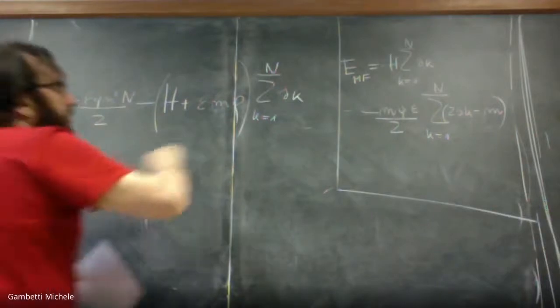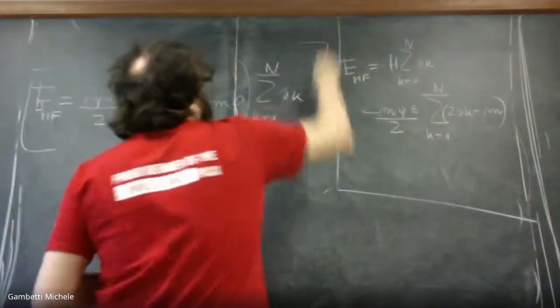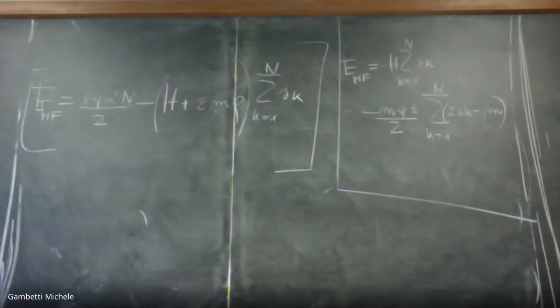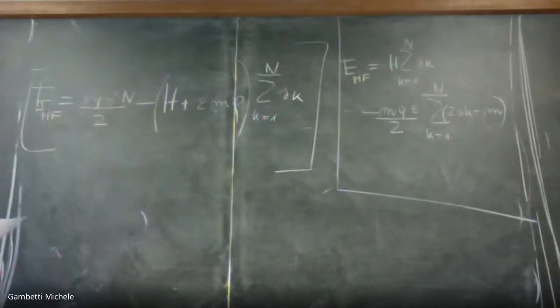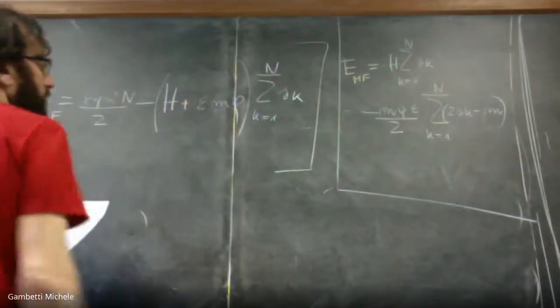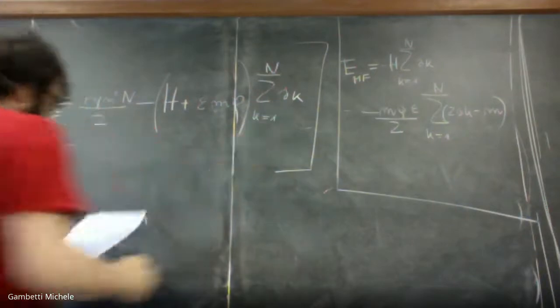Now this is the mean field energy. It has this term, which is quadratic in the magnetization of the single spin, and then we have this correction times this sum here.